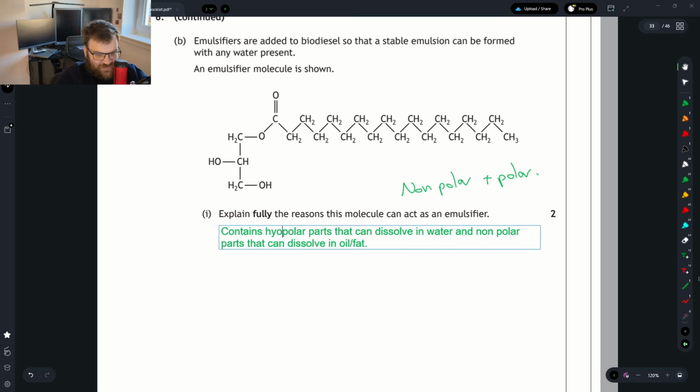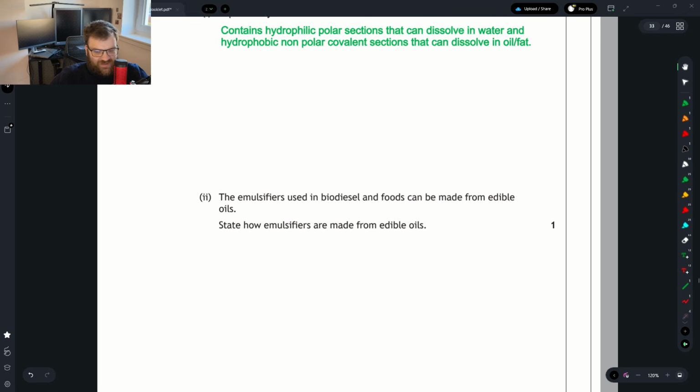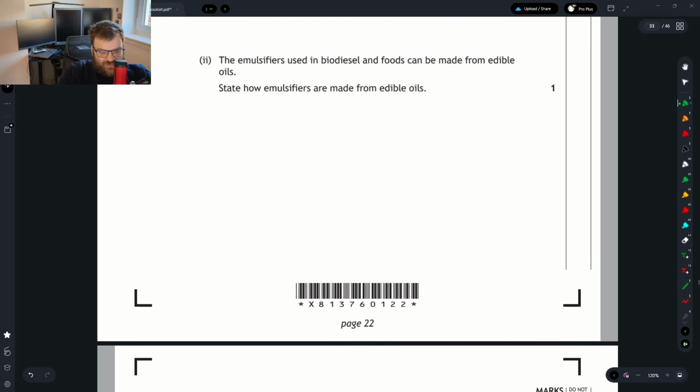If you want to add more of the technical language, you could talk about them being hydrophilic polar sections, and then they would be non-polar or hydrophobic, covalent sections. There are both polar and non-polar sections to this molecule. The hydrophilic polar sections dissolve in water, and hydrophobic non-polar parts would dissolve in the oil or the fat. So hydrophobic, hydrophilic. Emulsifiers are made from oils by reacting with glycerol.